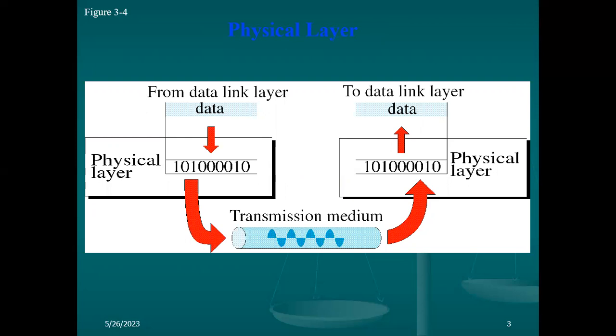After converting the frames into raw bits, the physical layer transmits the raw bits into the transmission medium in the form of physical signals. Through the transmission medium, the data will be transmitted in the form of signals, and at the receiver side, again the signals will be transmitted to the physical layer in the form of raw bits. Again, the physical layer transmits the raw bits to the data link layer.